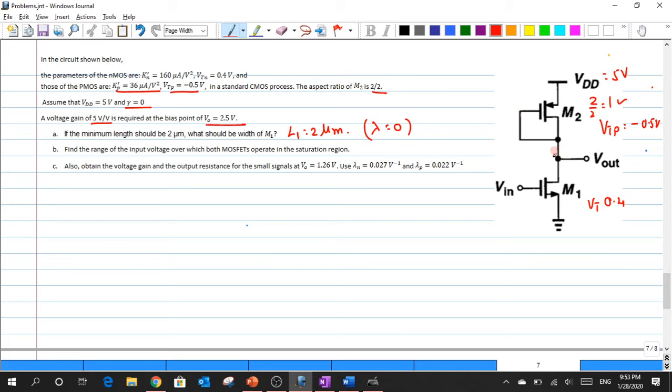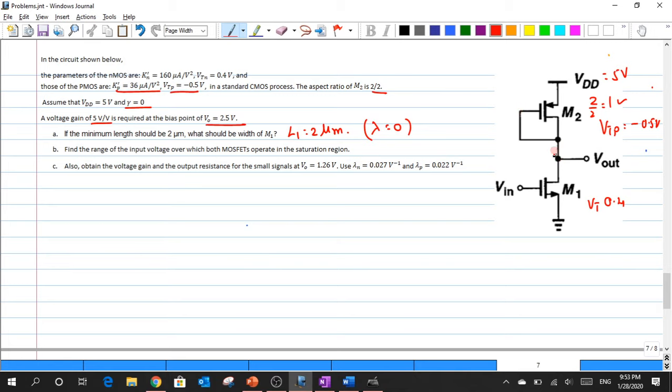So we are going to make use of that to derive the value of VGS2, and once we derive VGS2, we can use it to compute the current through M2, and from there we can make use of the gain expression to link ourselves to the W by L factor of this M1 transistor. Let us do it one by one.